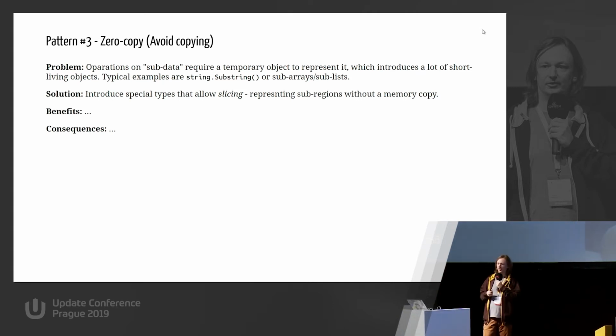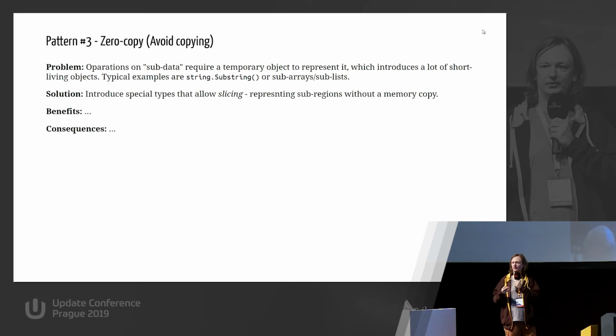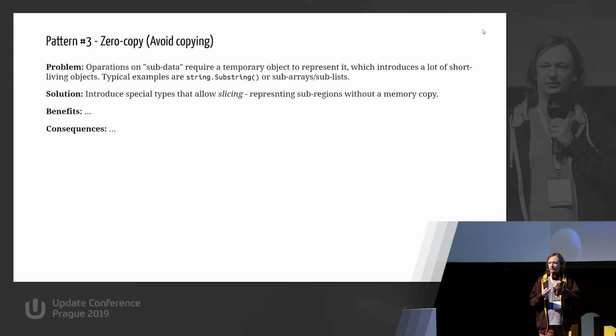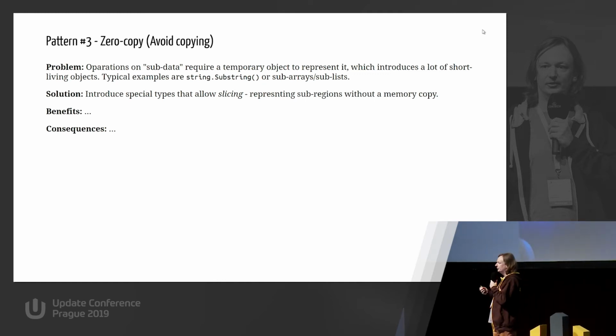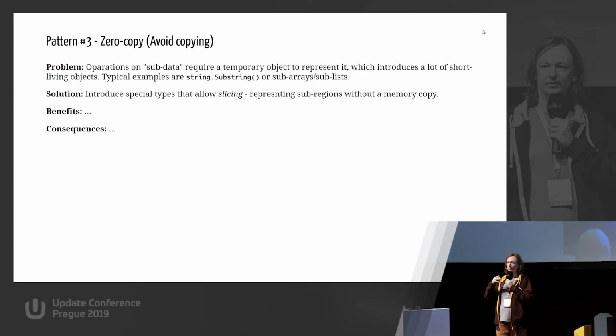String has this unfortunate substring method, which creates a new string and copies the content of the original string. So substring produces a lot of memory overhead because you need to create a new string, copy memory to it, and so on. It would be great to have slicing, to provide subsets of data without copying memory, to somehow represent smaller regions of the original memory.